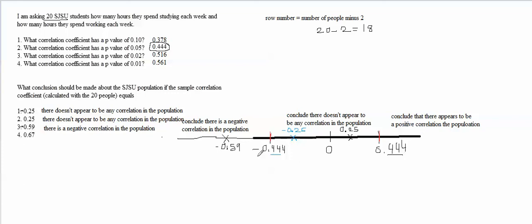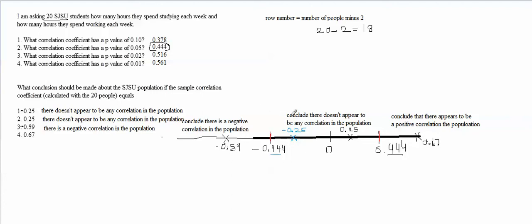Well, 67 is bigger than 44, which means that 67 is further from 0. So it's out past this red line, maybe out here somewhere. So it falls in the right section of our number line.